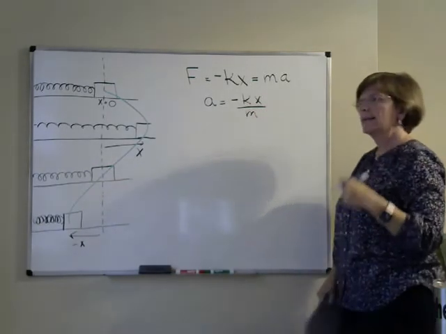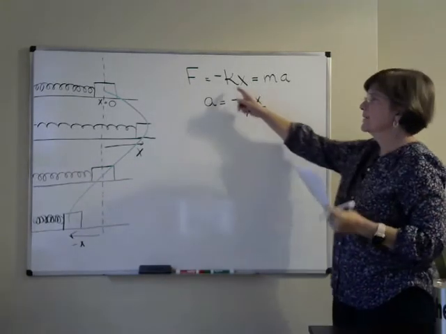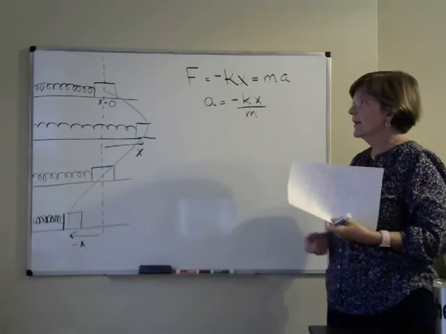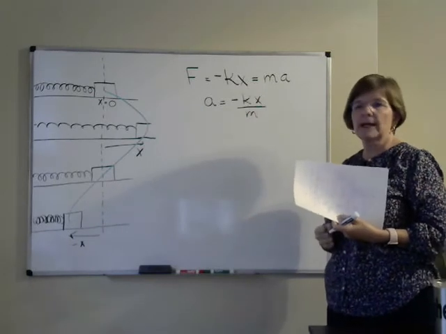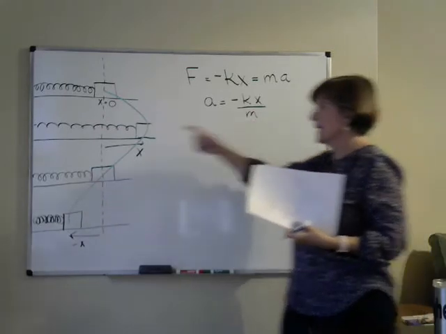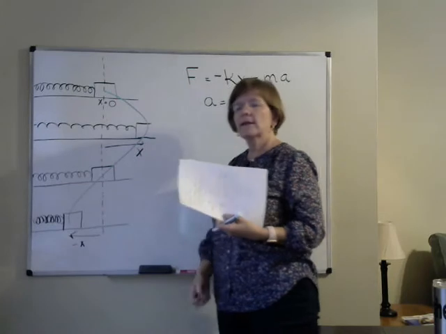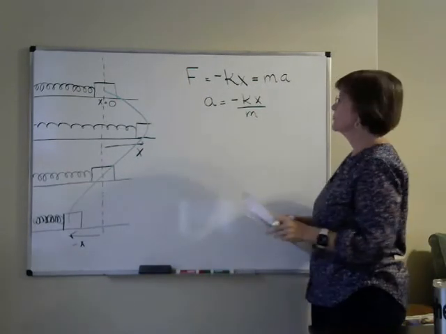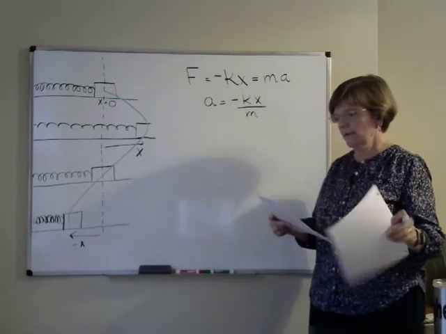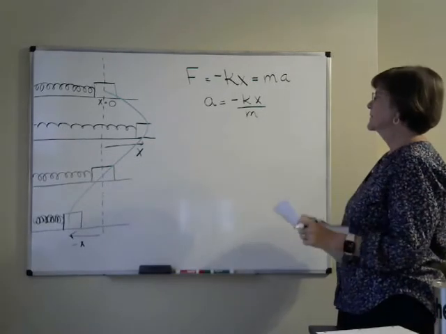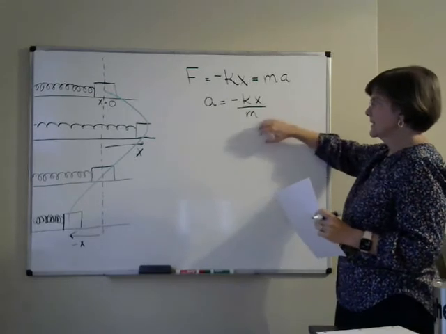That makes sense. The stiffer the spring, the larger that spring constant, the more acceleration we would expect. But at the same time, the heavier this mass that we're trying to accelerate, the less acceleration we would expect. So that gives us a relationship for a spring mass system between acceleration and the spring constant and the mass.